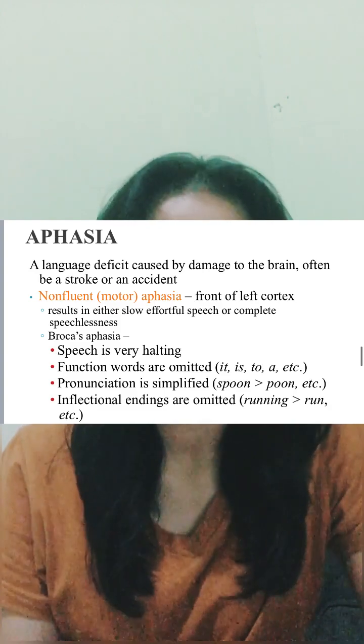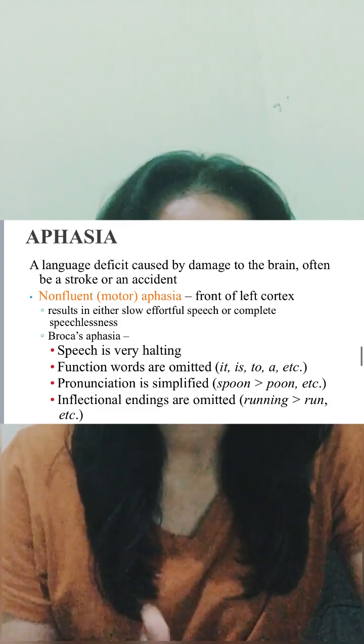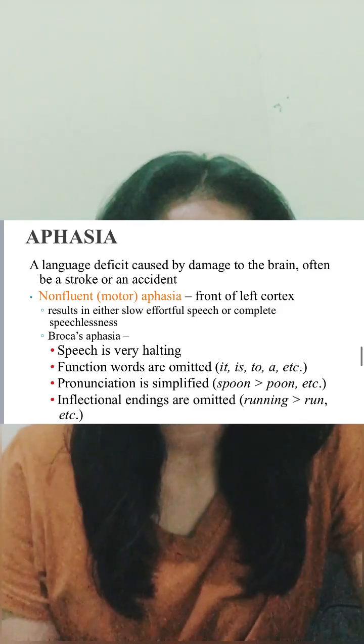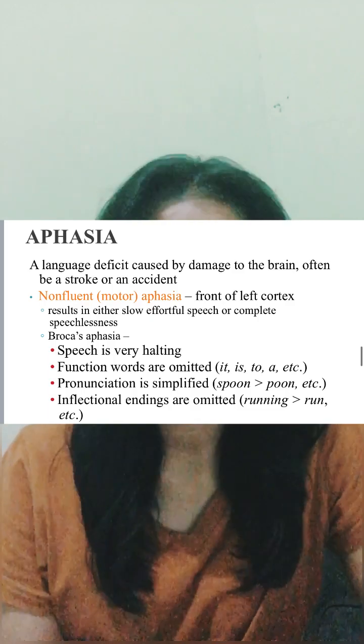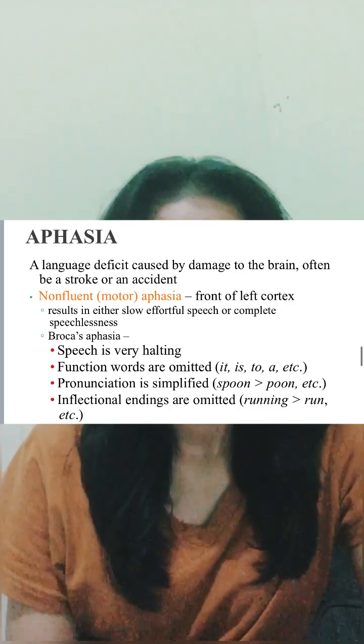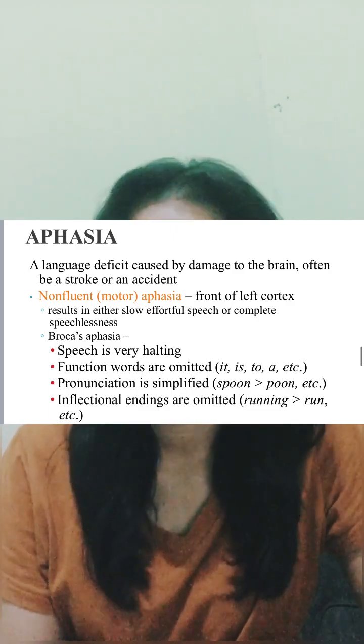Broca's aphasia: speech is very halting. Function words are omitted, such as it, is, to, a, and so on. Pronunciation is simply vague, like spoon, poon, and others.